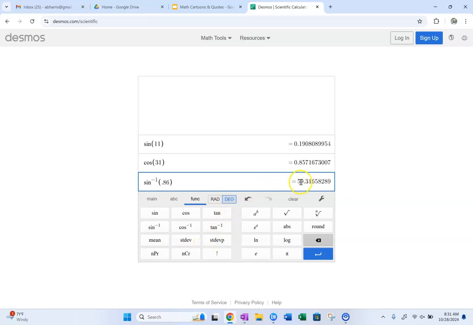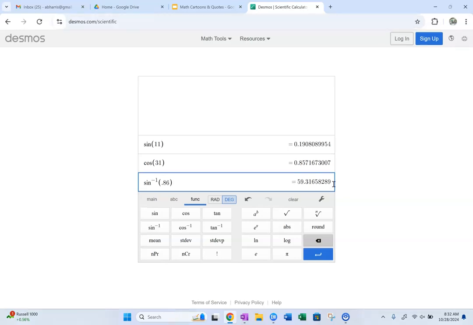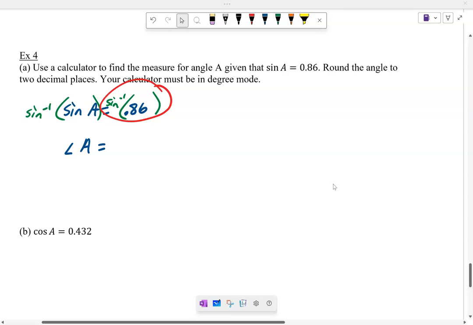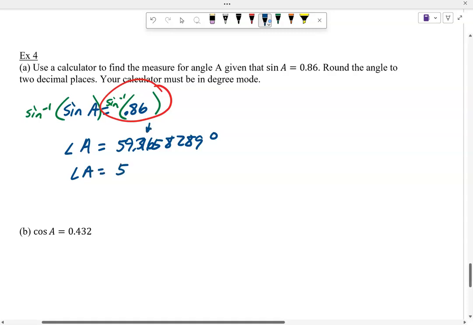And that's my angle, 59.31658289 degrees. You could round it to 2 decimal places, so 59.32 degrees. That's what angle A would be.